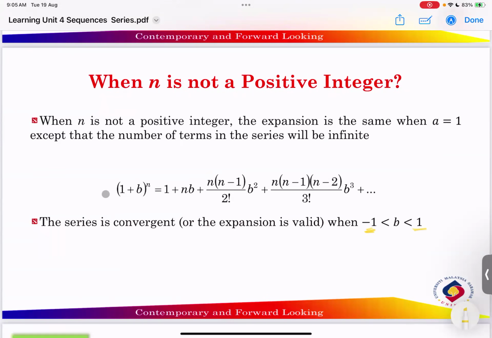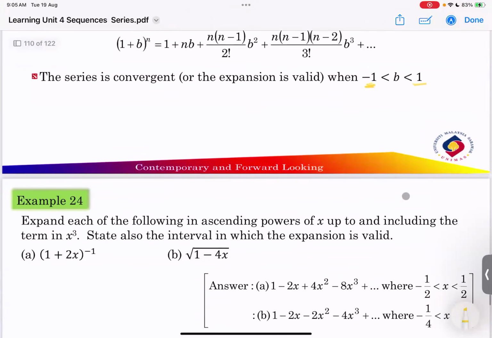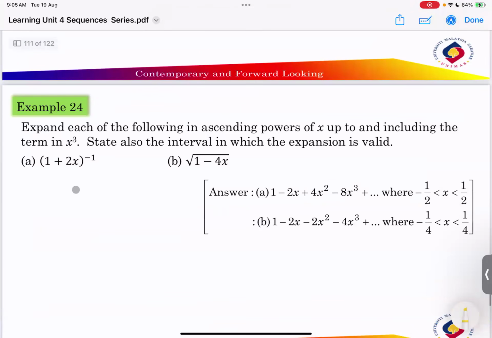Let us look at this formula: 1 plus b bracket to the power of n. You can see from here 2 factorial, 3 factorial, and it will continue.